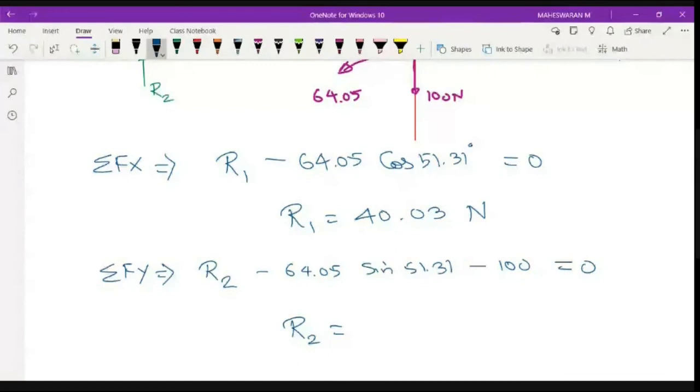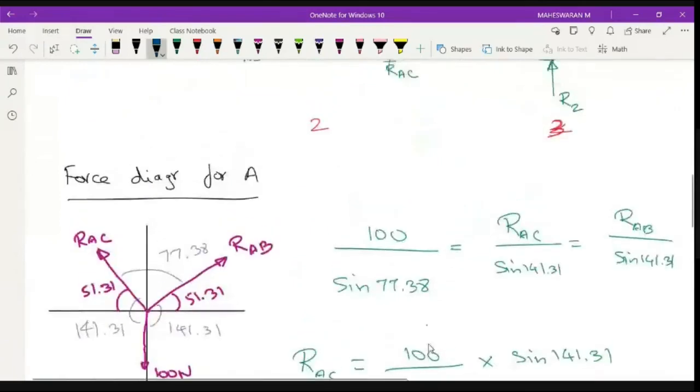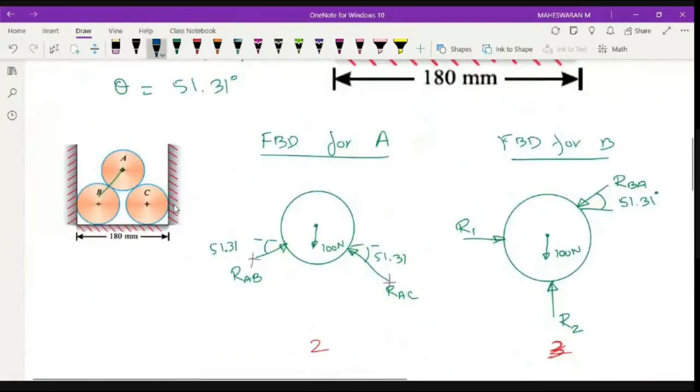So now you can write a statement. If I mark this as R3 and R4, since the rollers are symmetrical, R1 is equal to R3 and R2 is equal to R4. You can write it like that. That completes our problem.